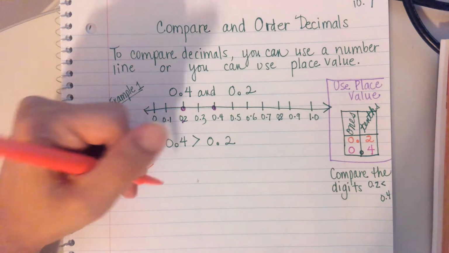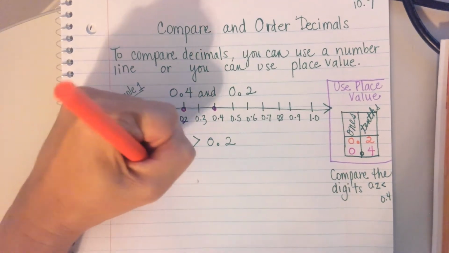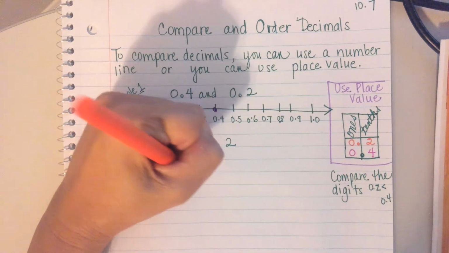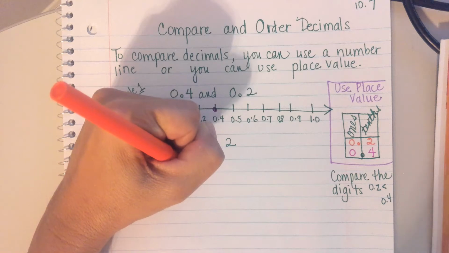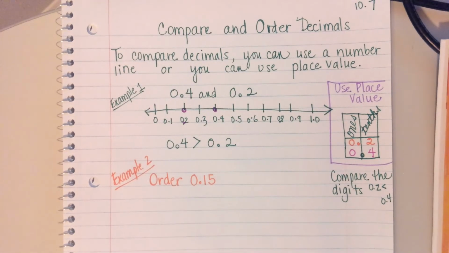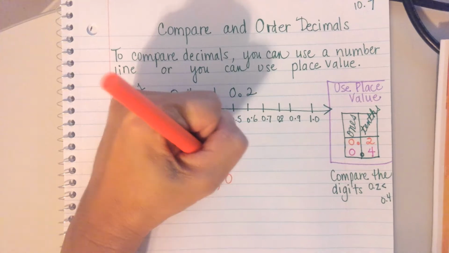Okay, for this problem, we're going to order 3 decimals. For some reason, I think this problem is super fun. Okay, say that number to yourself. Okay, I hope you said 15/100.